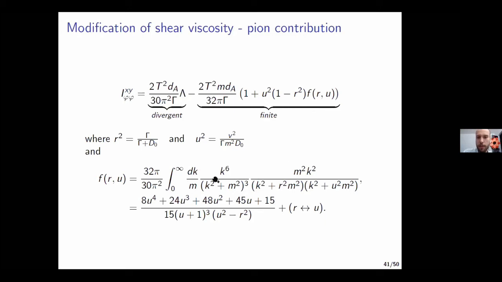This is a finite integral, which evaluates to this combination of u and r, and it's a symmetric combination of u and r because you can see that in the denominator you have k squared plus r squared m squared, k squared plus u squared m squared. So you just get the symmetric combination from these two. And this is the reason why I didn't want to get into the bulk viscosity, for instance. The expression becomes very large and a bit unwieldy.